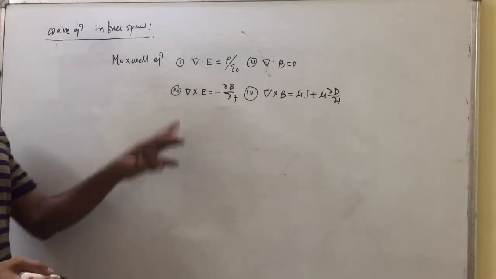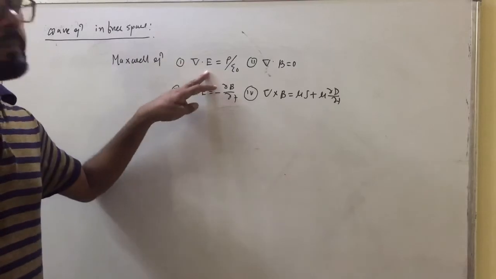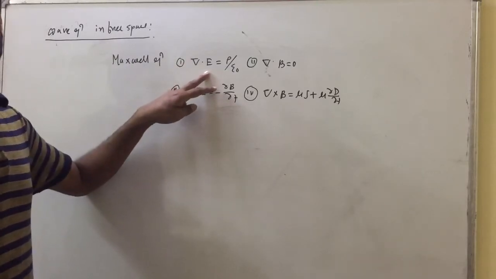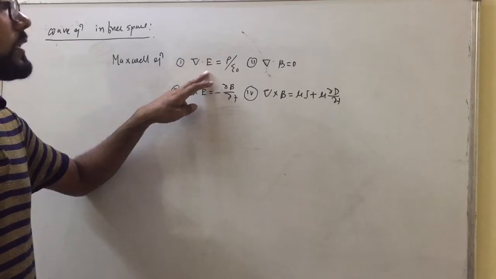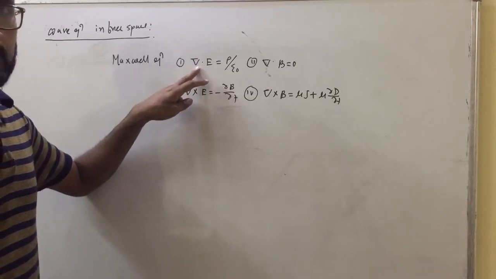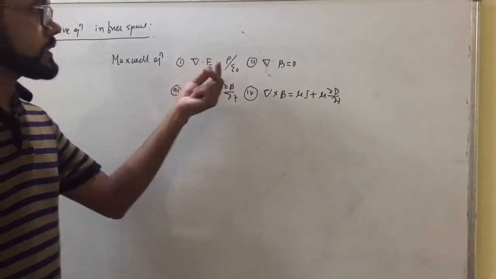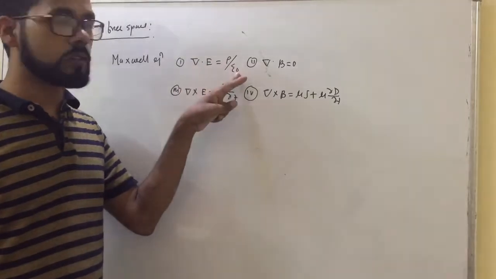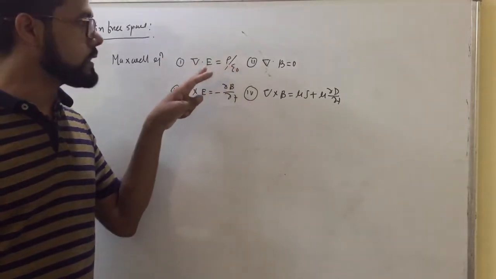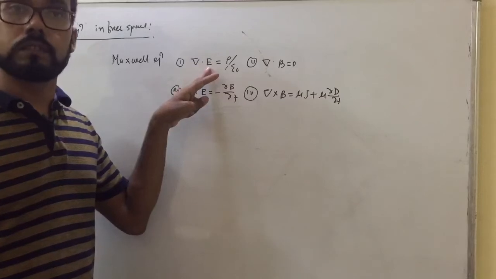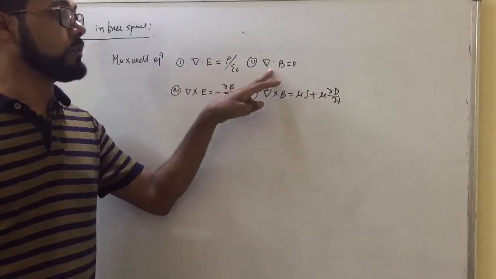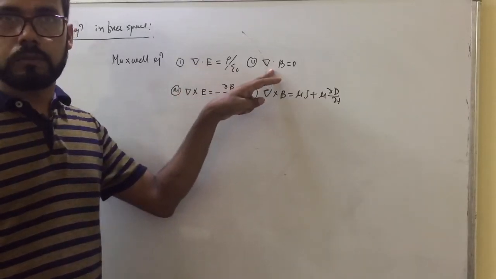So what are the Maxwell equations? The first equation is derived from Gauss's divergence law, electrostatics, and it is a first order differential equation. The source term is rho; epsilon naught is a constant. So this is a first order inhomogeneous differential equation. The second is derived from magnetostatics.